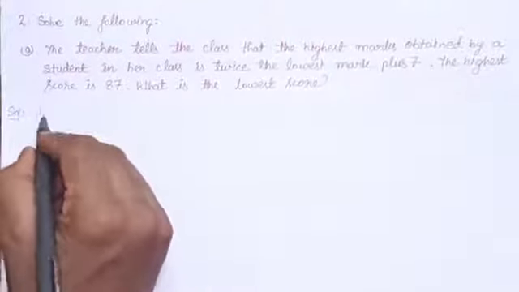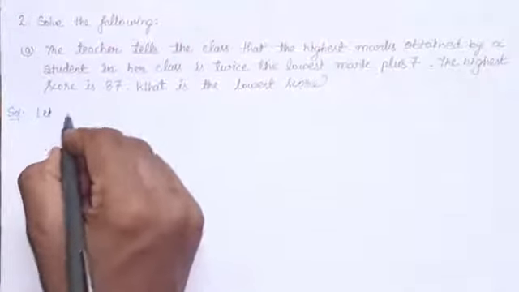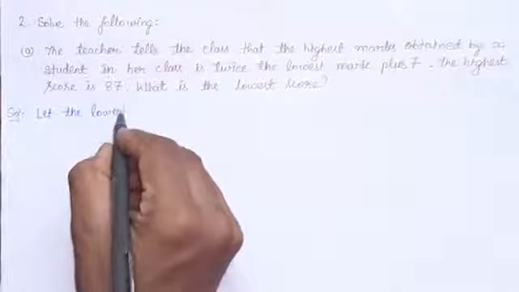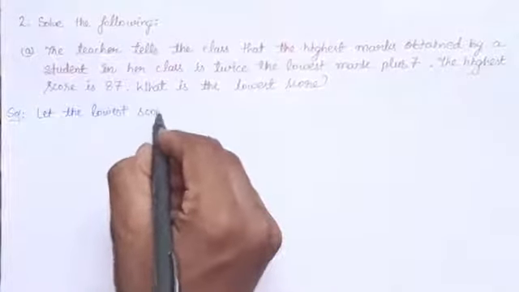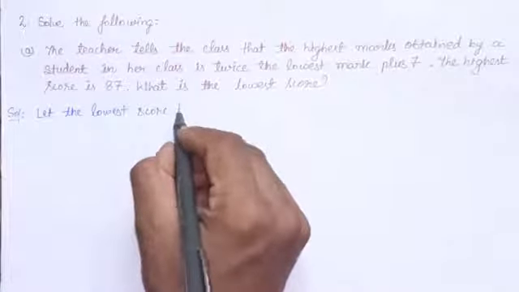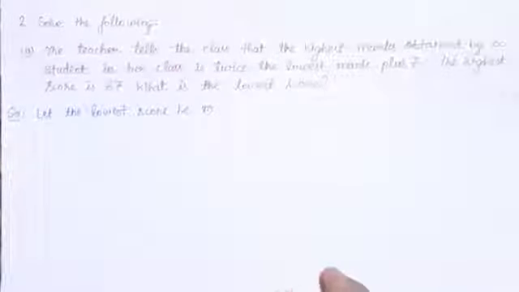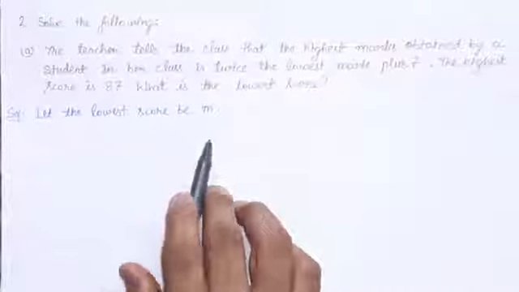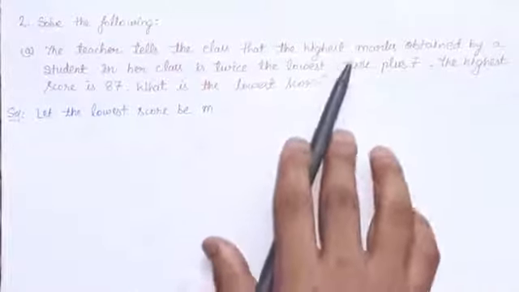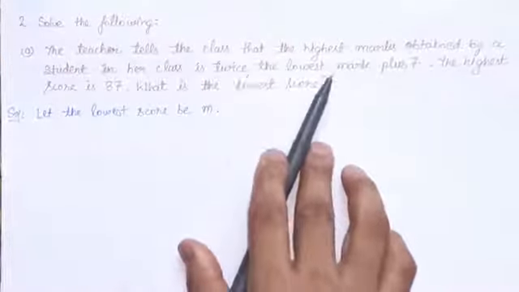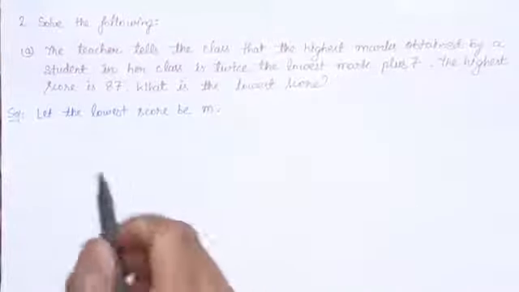So let the lowest score be M. Let the lowest score which is obtained by a student be M. Then the highest marks obtained by the student in her class is twice the lowest score plus 7.